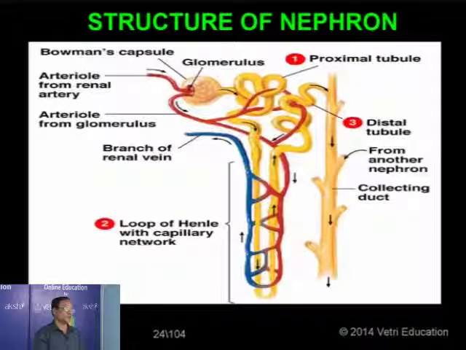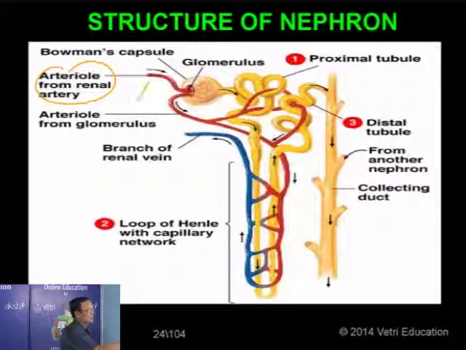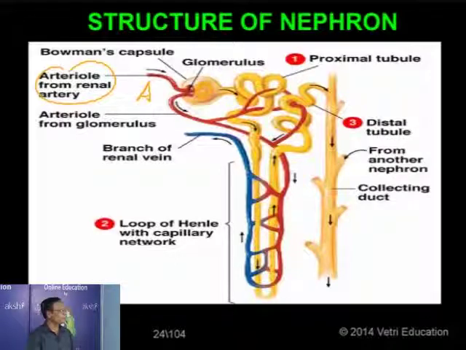Now here is the structure. This is the arteriole from the renal artery, called the afferent arteriole. Here we form the glomerulus, a network of capillaries formed by the repeated branching of the afferent arteriole coming from the renal artery. Then the vessel leaving the glomerulus is called the efferent arteriole.